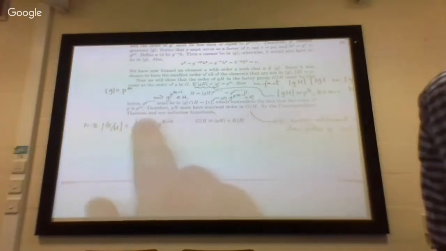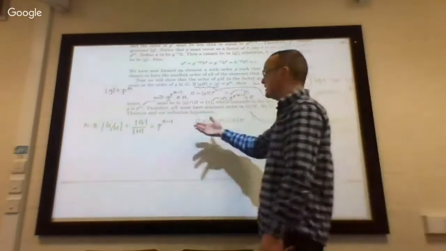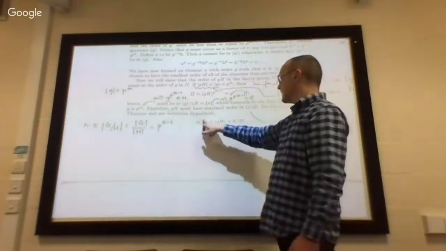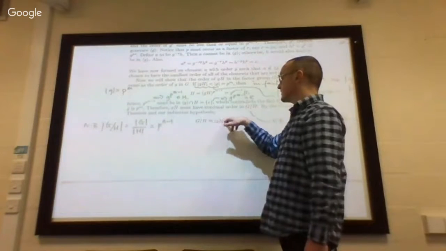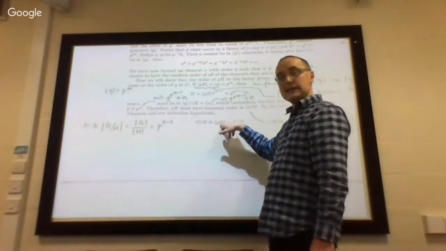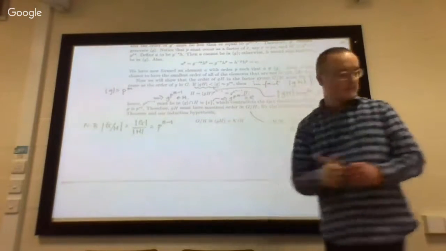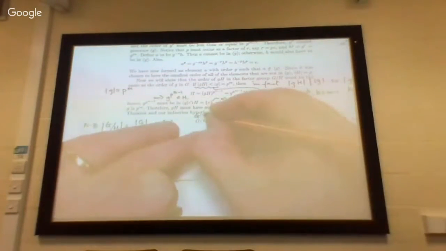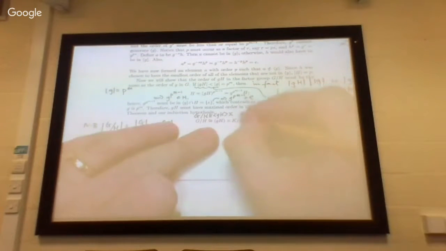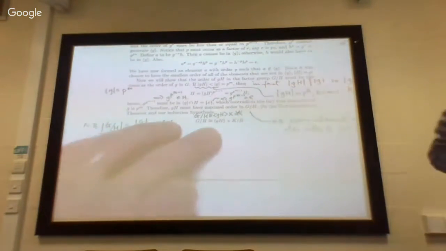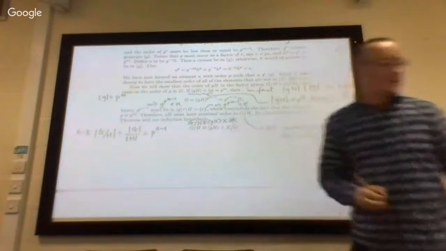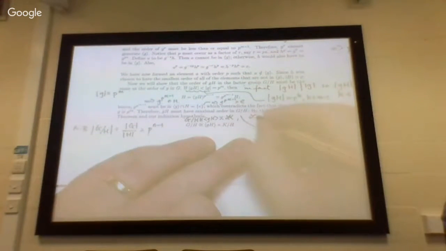He says, by the correspondence theorem and our induction hypothesis, applying the result of the lemma to the factor group, we know the factor group is isomorphic to the cyclic subgroup generated by that element of maximal order, which is this coset GH, direct product with, let's say a script curly K. This K is a subgroup of the factor group G mod H. That's what the result says.